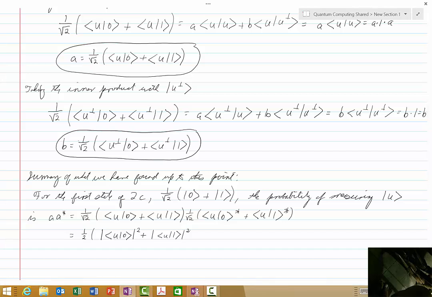But we also have cross terms we need to deal with, which will be the inner product of u with 0 times the inner product of u with 1 conjugate plus the inner product of u with 1 times the inner product of u with 0 conjugate.